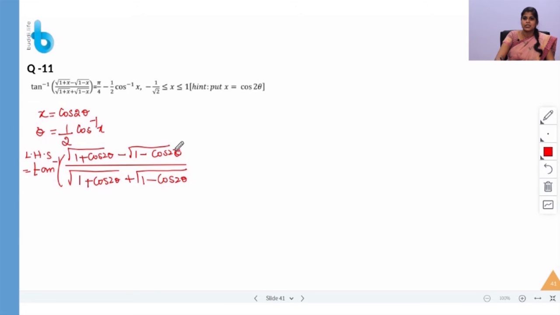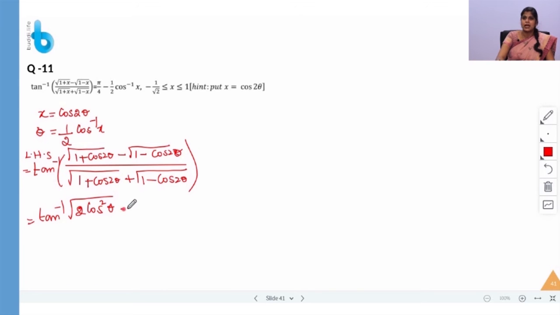Similarly, for square root of 1 minus x, here also we will have a square root. So I can substitute 1 minus cos 2 theta, which is square root of 2 sin square theta, and which is equal to root 2 sin theta.